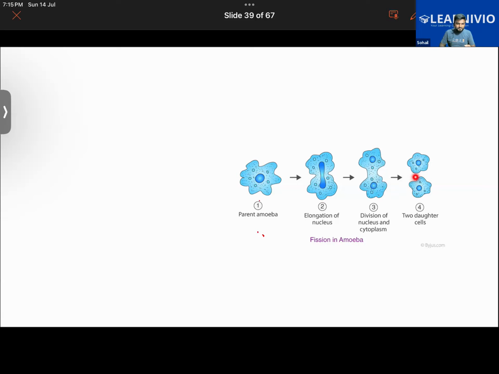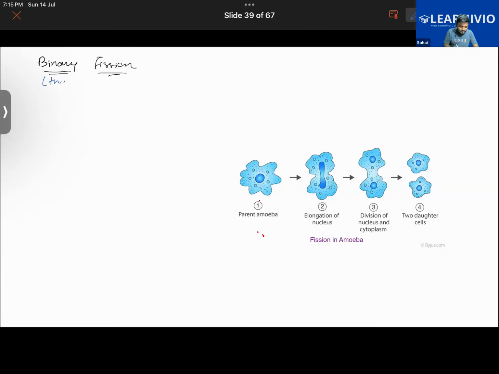Finally, after some time, the cytoplasm has also divided and the cell has divided into two parts. So there are now two new amoeba cells, also called daughter cells. As you know, amoeba consists of just one cell. It's a unicellular organism.